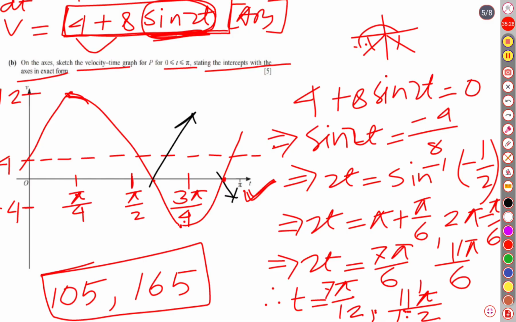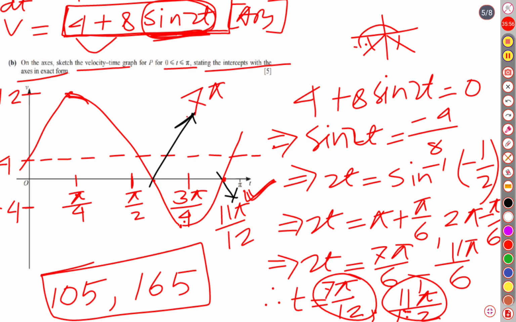You will have to write it in radian mode. In radian mode this one is going to be 11 pi over 12, and this one is going to be 7 pi over 12.